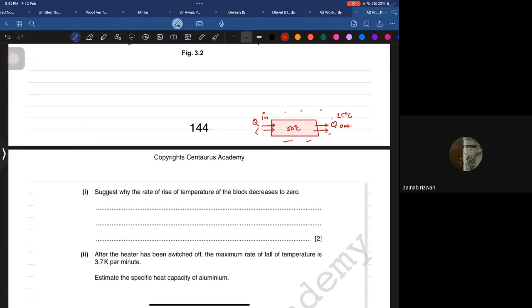So if I were you, for 2 marks, what I would write for the first one, I would say that when heat gain by the block becomes equal to heat lost to the surroundings by the block, then the temperature rise would stop.